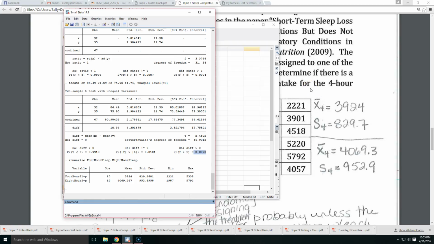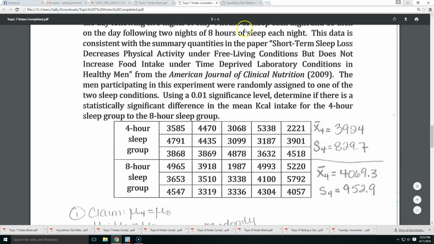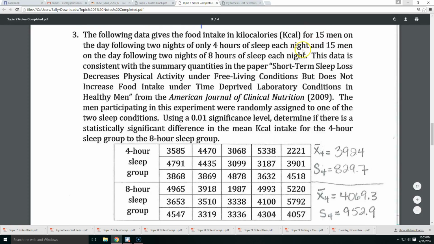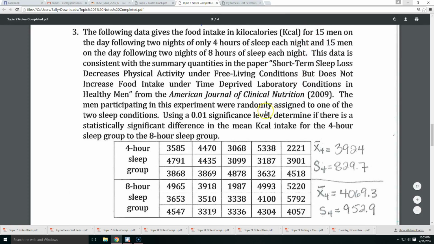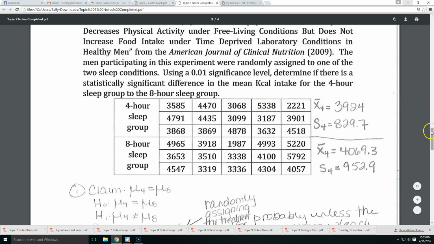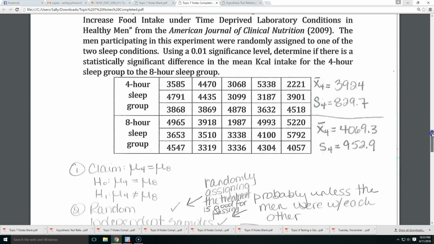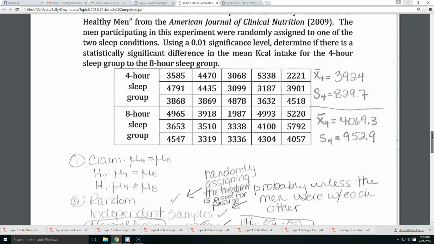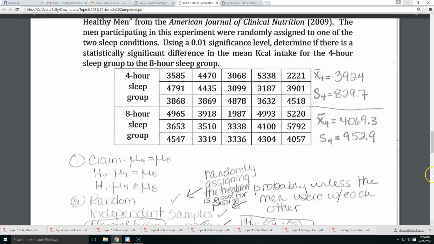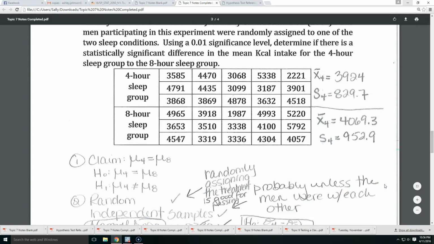The sample size isn't really that big. But again, 15 is enough for a mean test. Means are, again, not sensitive to sample size at all. But we're going to have a bigger confidence interval because of it. So I passed random, and I said randomly assigning for the treatment is good enough. I did pass independent samples, probably, unless the men knew each other and were hanging out with each other when they were eating their calories for the day.